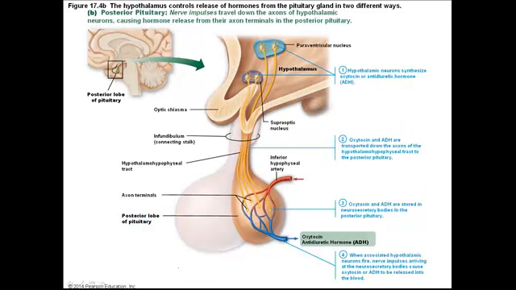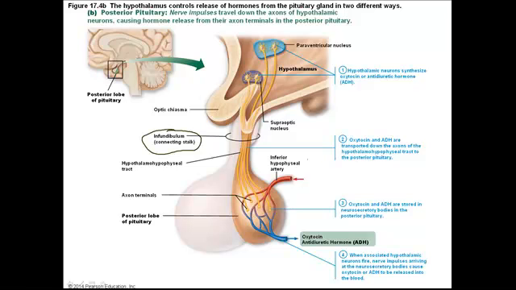The posterior pituitary is different because its stimulation comes from a nerve impulse which travels down the axons of the hypothalamic neurons, down the infundibulum. So the neural side travels down the infundibulum.